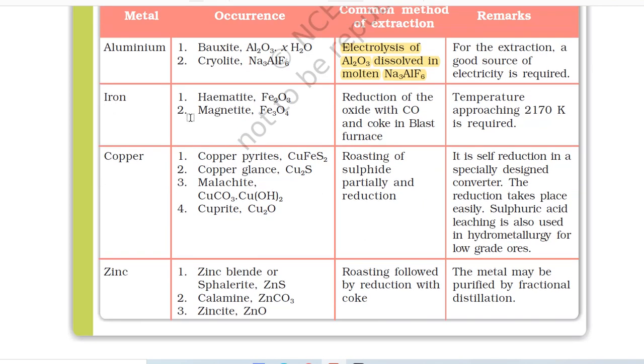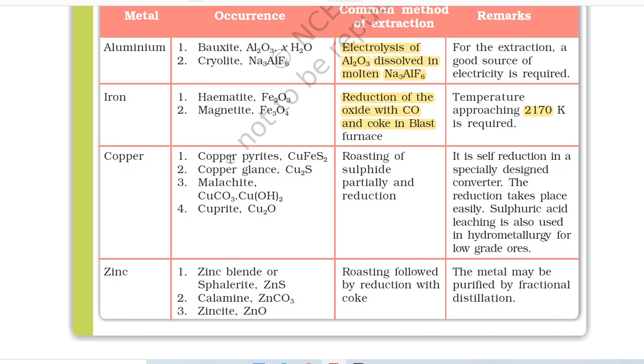Second, iron. Occurrence: first hematite, Fe2O3, second magnetite, Fe3O4. Common method of extraction: reduction of the oxide with carbon monoxide and coke in a blast furnace. Remarks: a temperature approaching 2170 Kelvin is required.